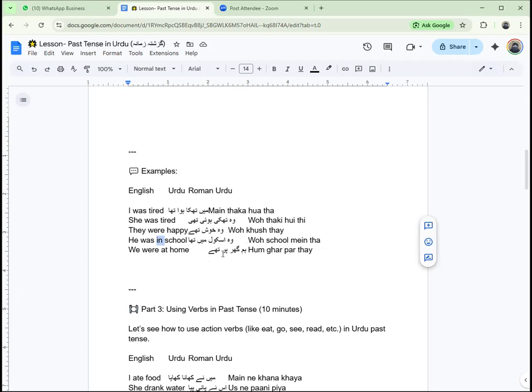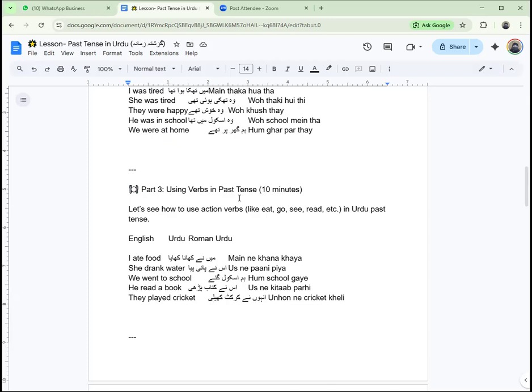Par is a preposition here, and where we use at in English, we use par in Urdu. हम घर पर थे. This is again plural for we.